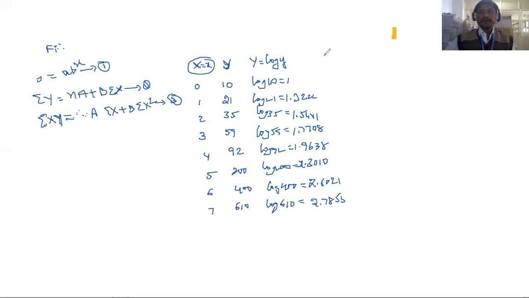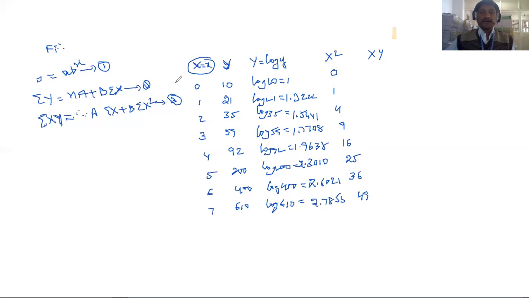And next we require capital X square and capital XY. For capital X square: 0 square is 0, 1 square is 1, 2 square is 4, 3 square is 9, 4 square is 16, 5 square is 25, 6 square is 36, and 7 square is 49.